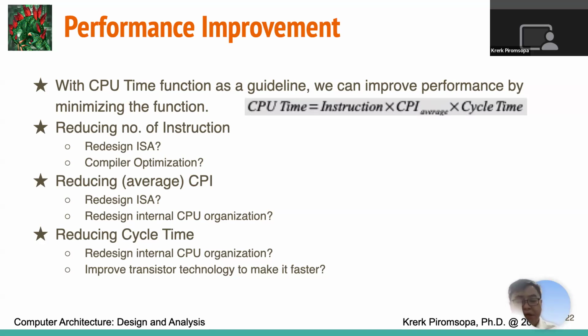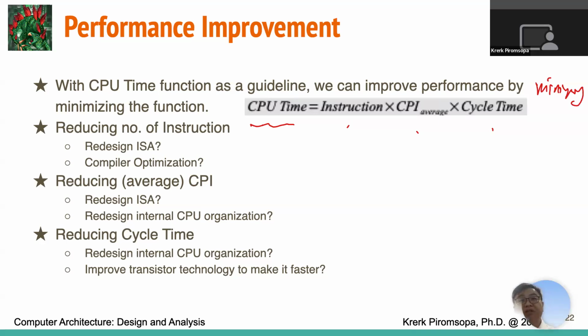Now that we know that CPU time is a function of instructions, CPI, and cycle time, I say, let's make our CPU faster. How? You basically have to minimize this function, right?